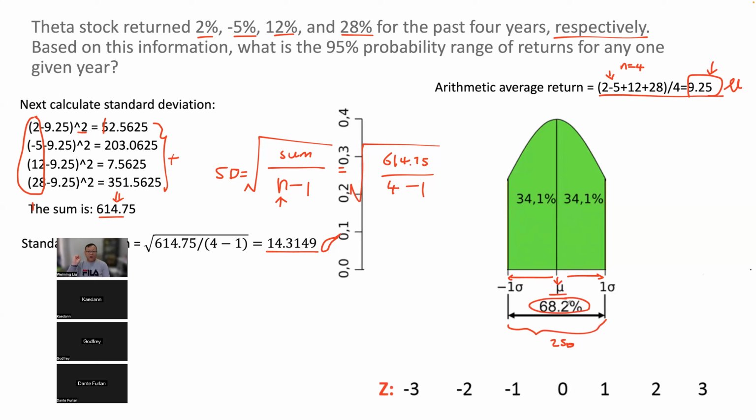So for the one standard deviation range, you go to the left by one and to the right by one. The range is 2 standard deviations in total, but it's centered at the mu. Your return will fall into this range with a probability of 68.2%.